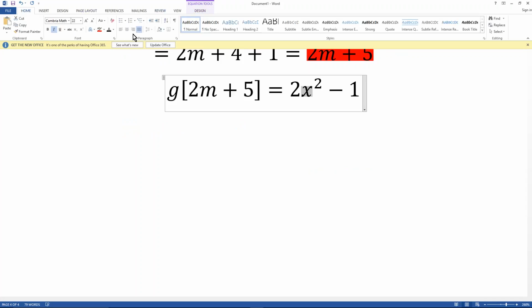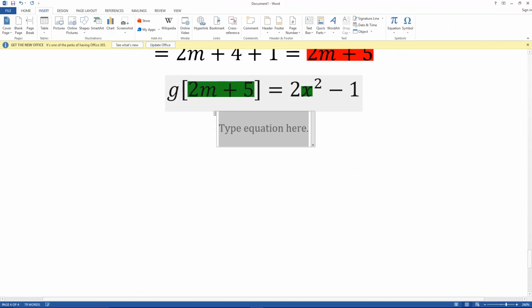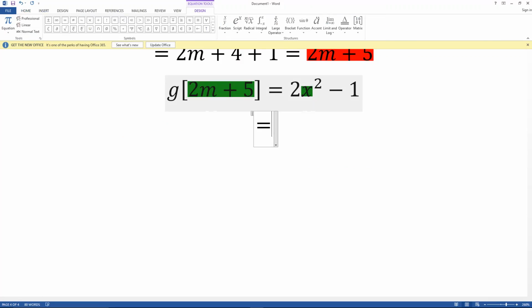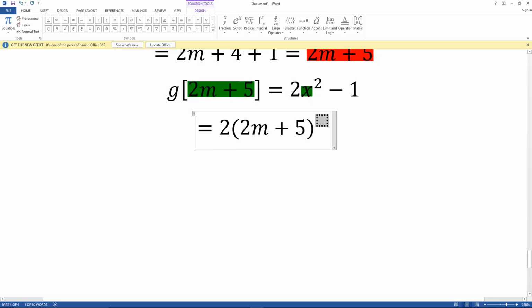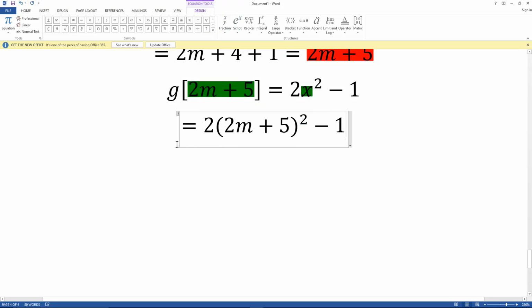Here is my x. So now it's equal to 2 times what? Times 2m plus 5, right? Minus 1.